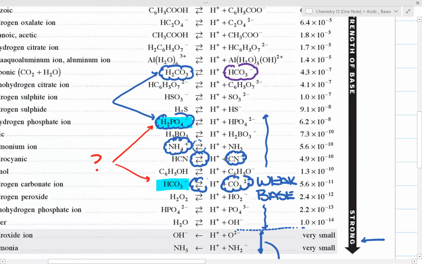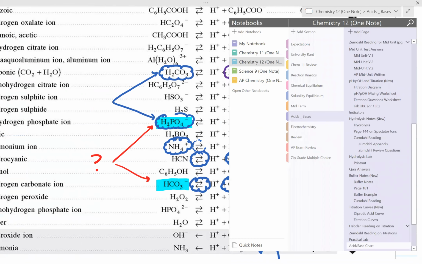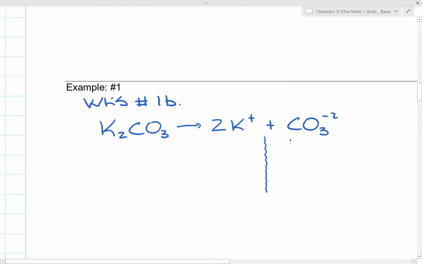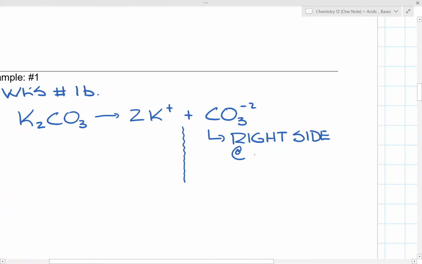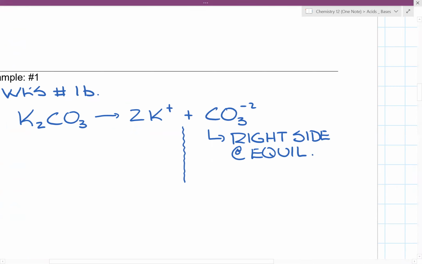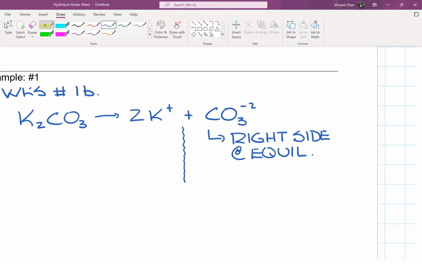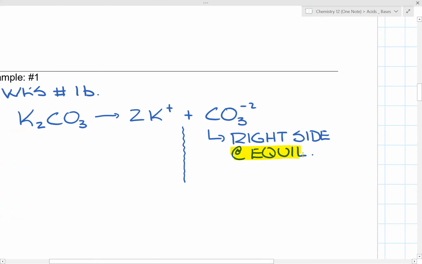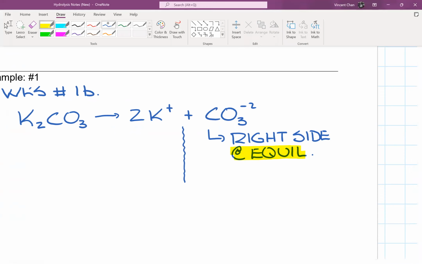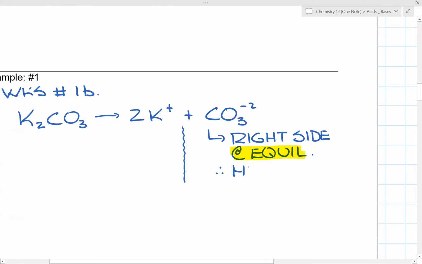It is at equilibrium. So if we look back here, it's on the right side, at equilibrium. Again, since you see the word equilibrium, you recognize that it undergoes hydrolysis. So here, therefore, hydrolysis.